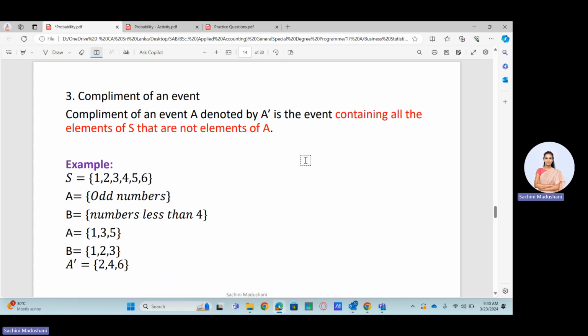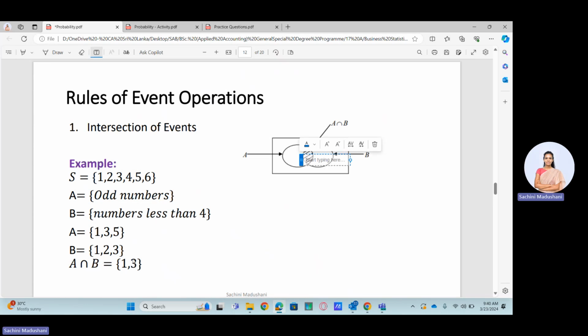Then what is this? The complement of the intersection. It means we write the elements that are not in the common elements, but are included in the sample space. Here, the intersection is 1 and 3.